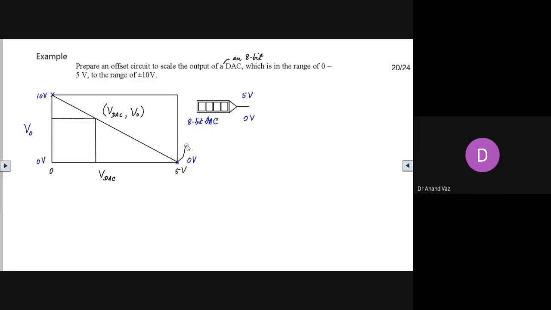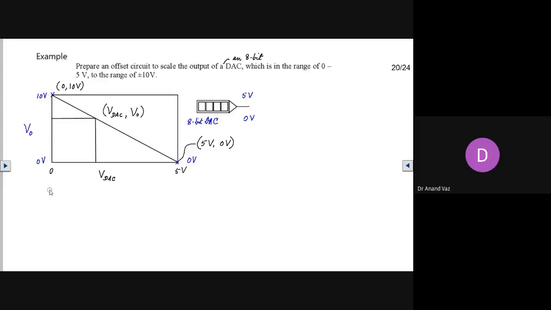The coordinate for this point is going to be 5 volts and 0 volts. And the coordinate here is going to be 0 volts and 10. So what is the equation of this line?